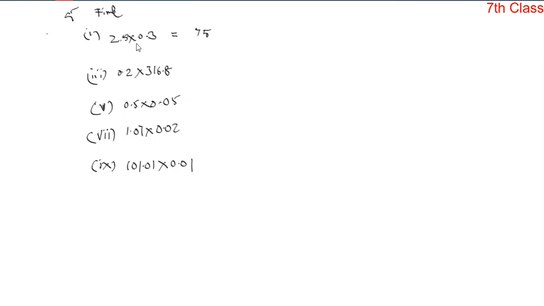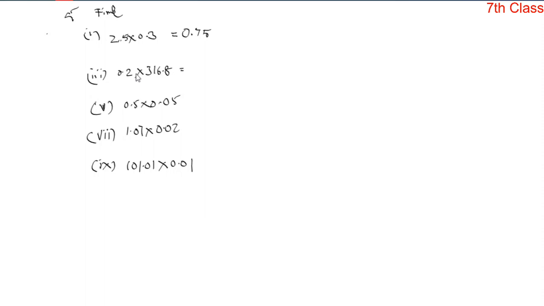Here 1. 1 plus 1, 2 digits. So you should move the decimal point towards left, 1, 2, put point. So that means 2.5 into 0.3 is equal to 0.75.